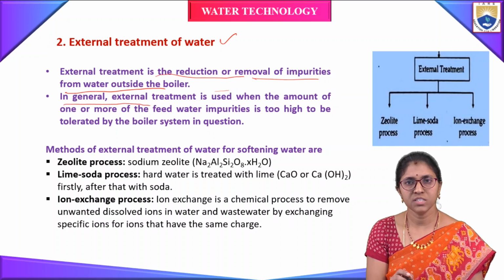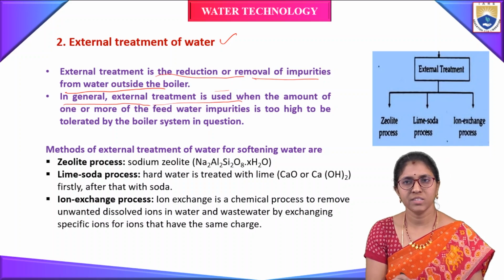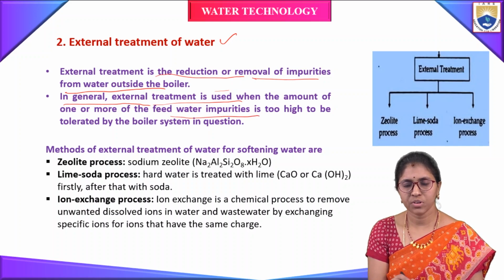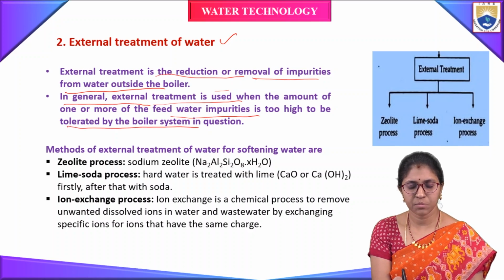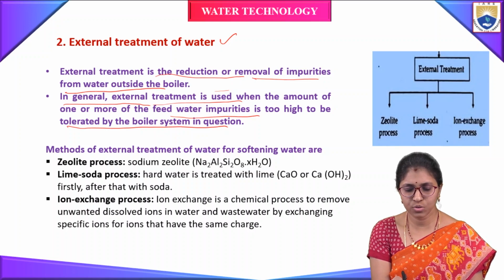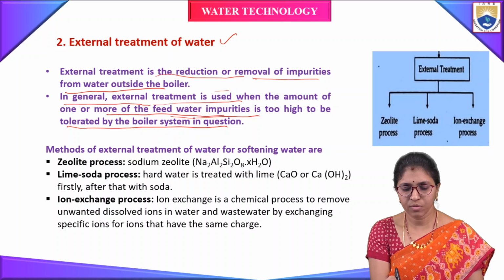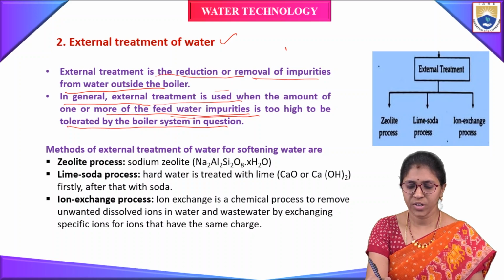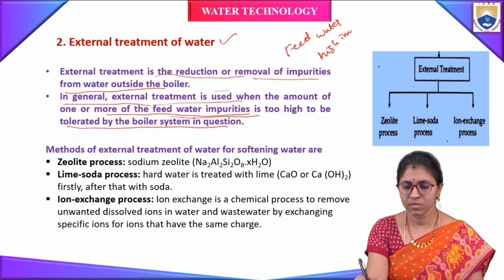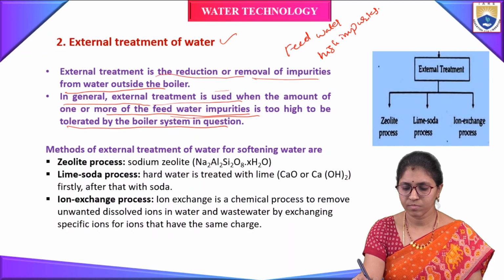In general, external treatment is used when the amount of one or more of the feed water impurities is too high to be tolerated by the boiler system in question. If the boiler feed water has high impurities, external treatment is used.